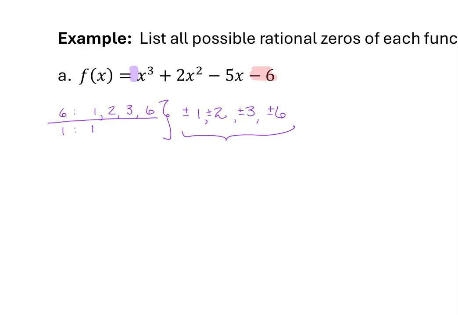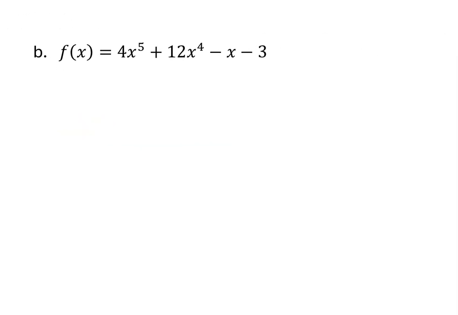All right, let's look at one more example. Let's come over to example B. We are going to start with our negative 3. What divides, and sorry, we don't really need to care about the negative. We just care about 3.